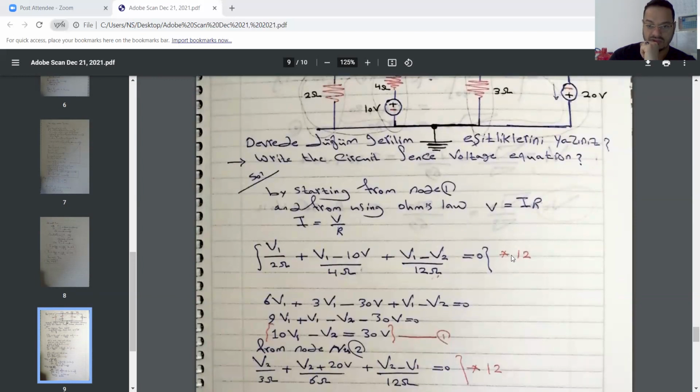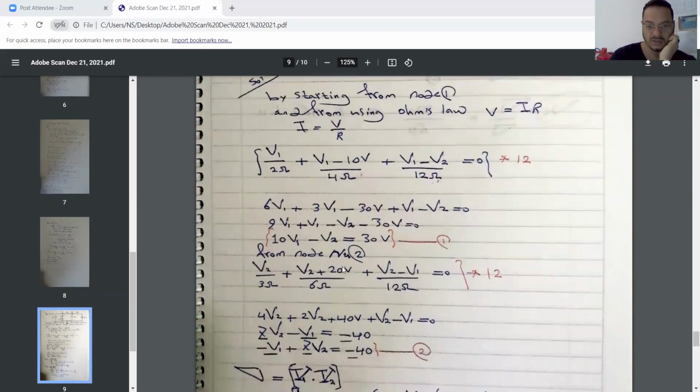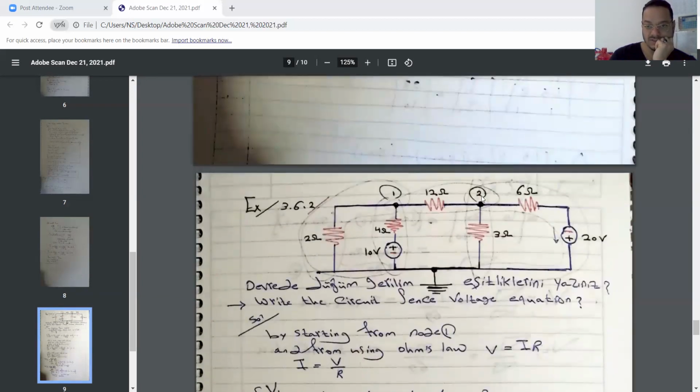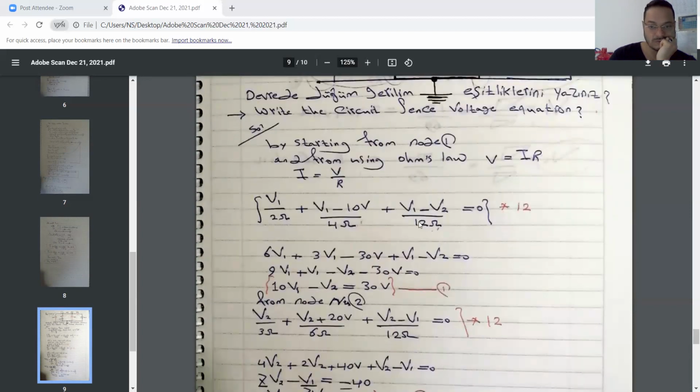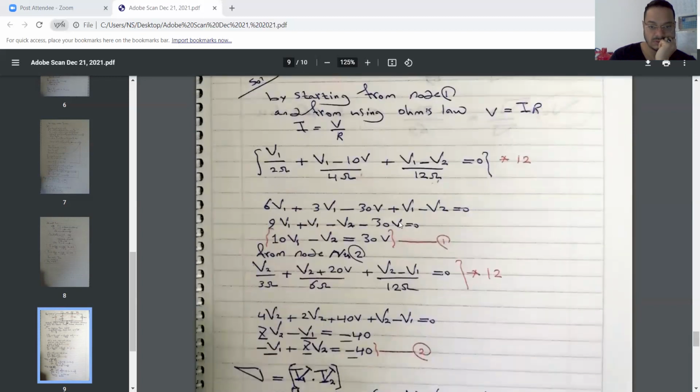To simplify this equation, multiply by 12, and after that it simplifies to 10 V1 minus V2 equals 13 volts. Now from node number 2, V2 divided by 3 ohm, and V2 plus 20 volts divided by 6 ohm.